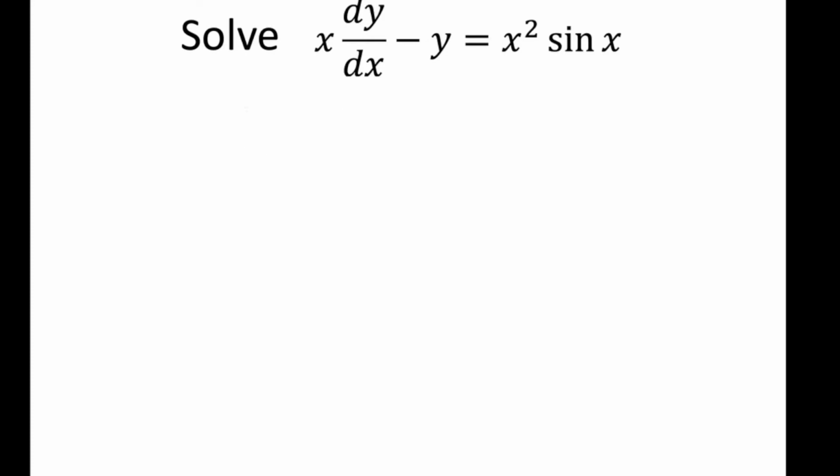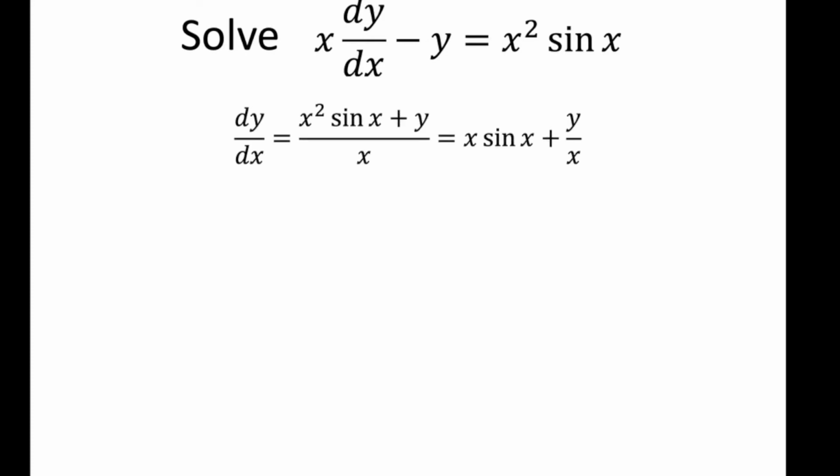So the result is dy/dx is equal to (x squared sine x plus y) all over x. Simplifying this, we have x sine x plus y over x. So we have a y over x here, so this is again a homogeneous differential equation.